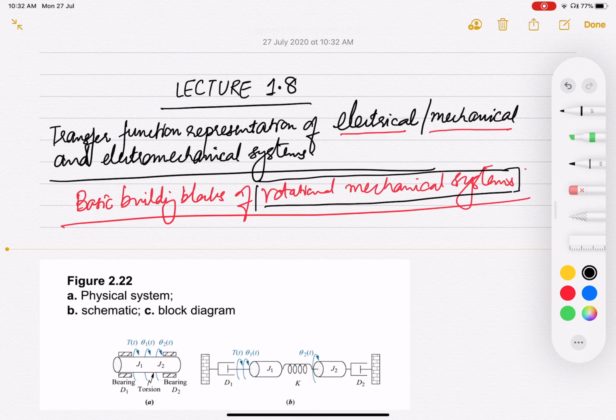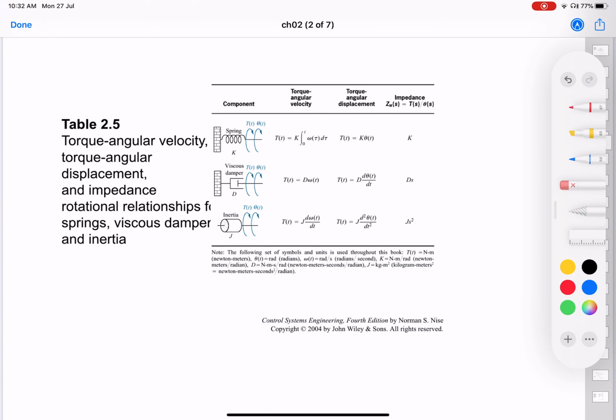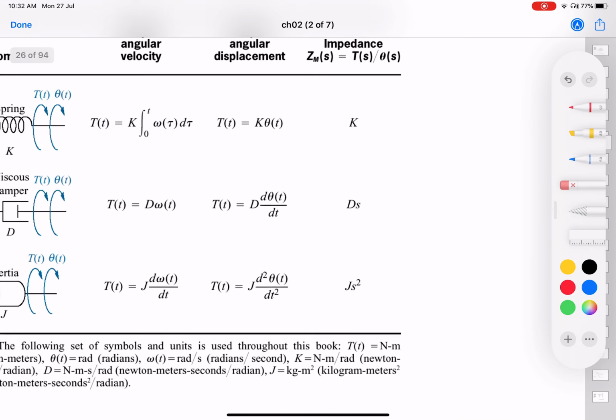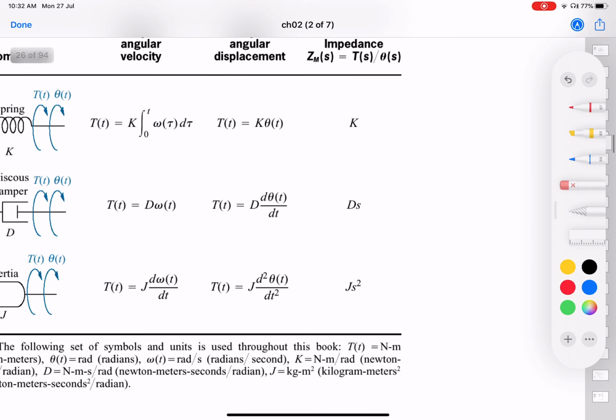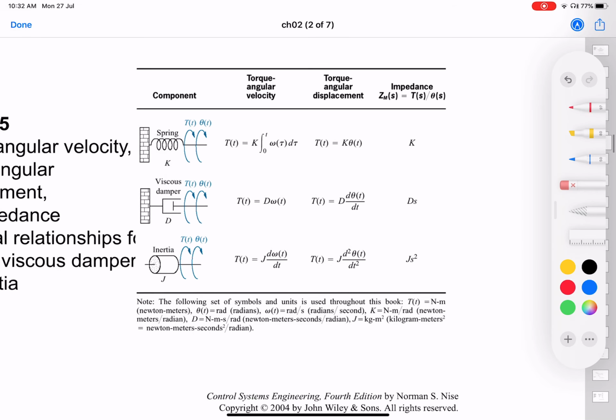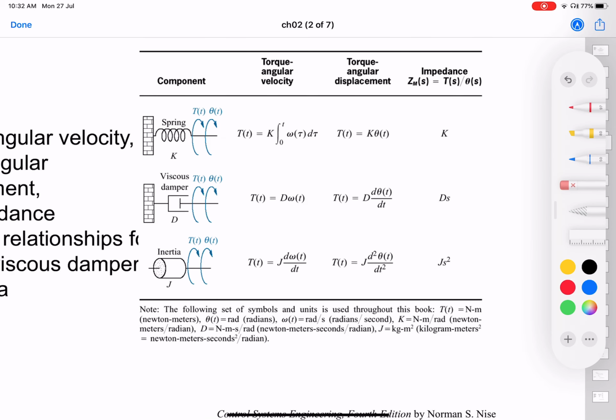The first thing would be to see what are the basic building blocks of rotational mechanical systems, and it is very similar to what we have seen in translational mechanical systems. There are three basic building blocks, just like electrical systems and translational mechanical systems.